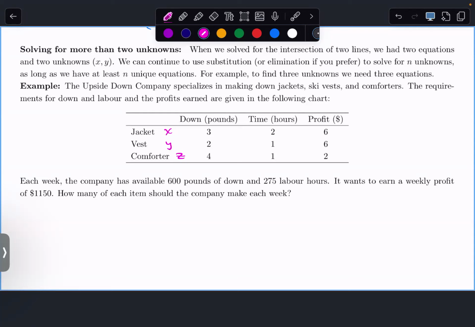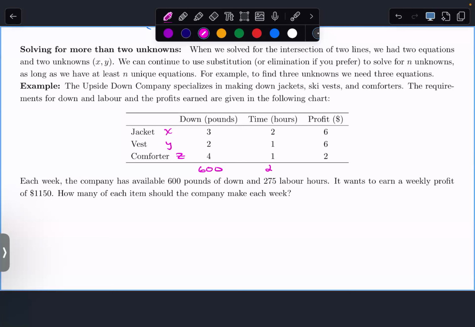We were also told that we have a total of 600 pounds of down. I could spend it all on making vests if I wanted to, right? Or I could spend it all on comforters, but overall, I only have 600 pounds of down.